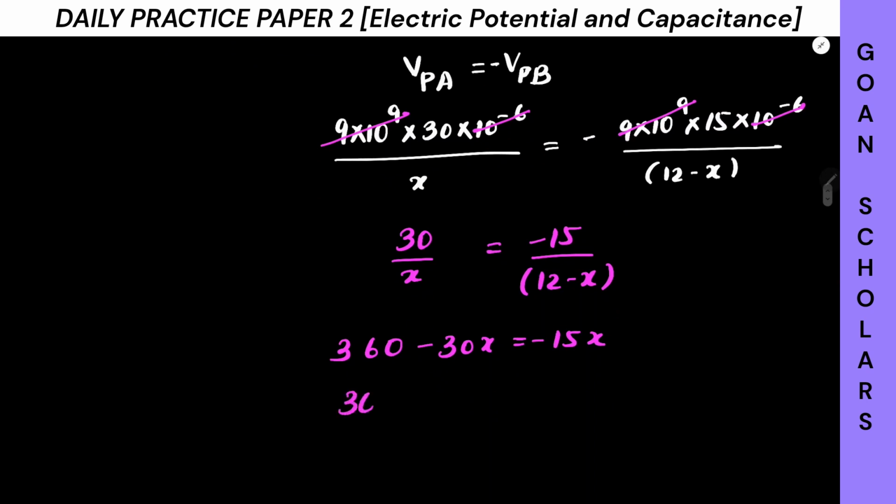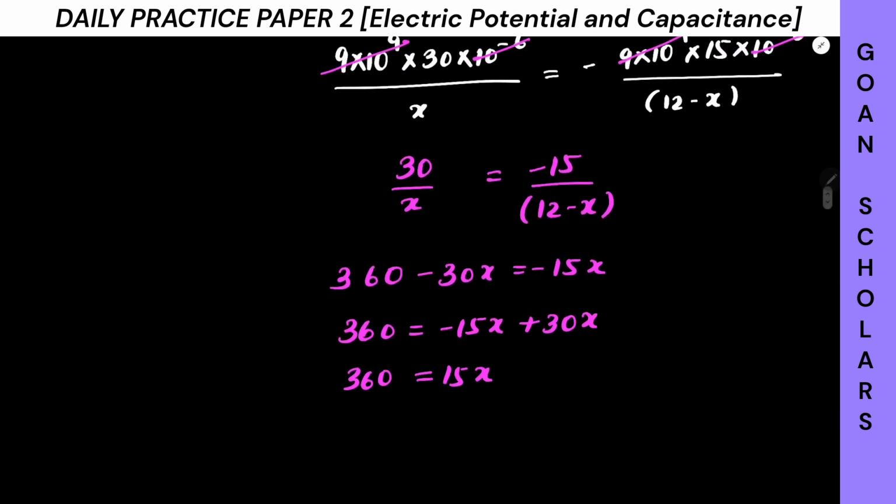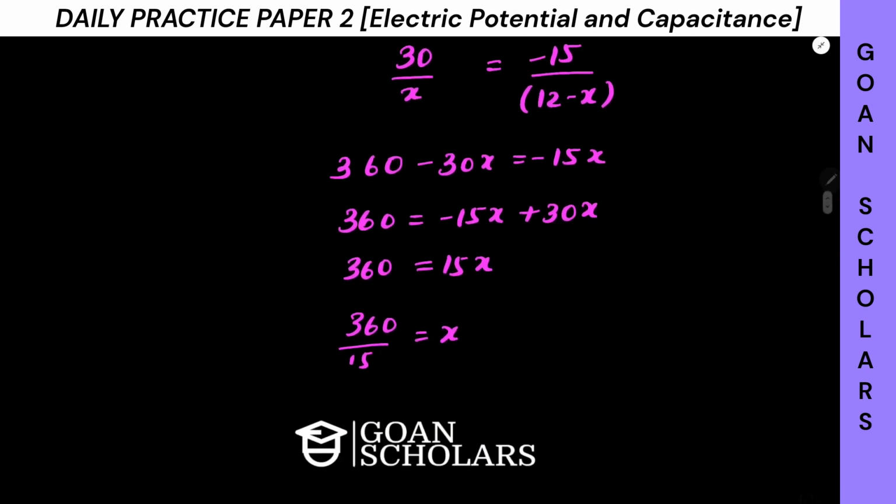Minus 30x goes on the right hand side, it will become 360 is equal to minus 15x plus 30x. So this will be 15x, that is 360. Correct? Now 360 over 15 is equal to x. So let's simplify.